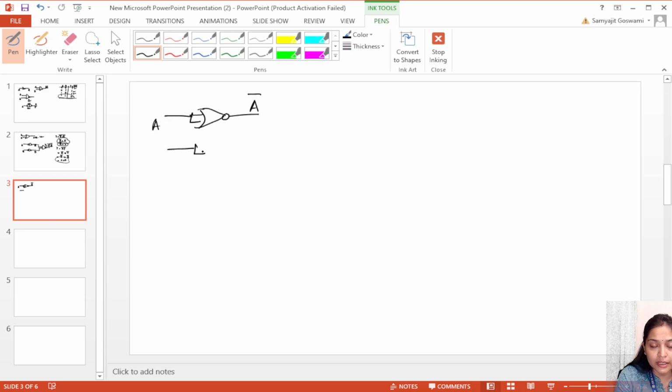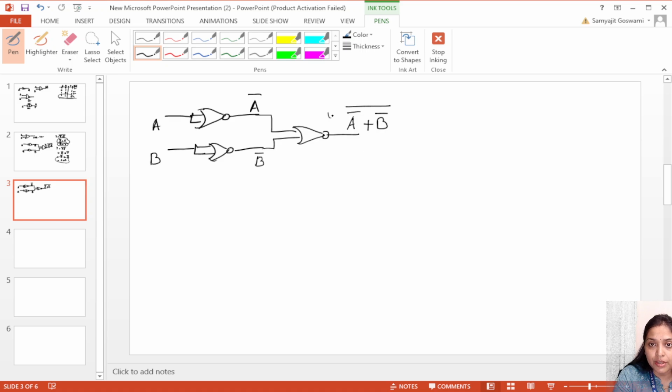Then again I am passing B through another NOT gate, which is a NOT gate represented as a NOR gate. So this is B bar. Then we will pass these two inputs through another NOR gate, and it will come out as A bar plus B bar whole bar.